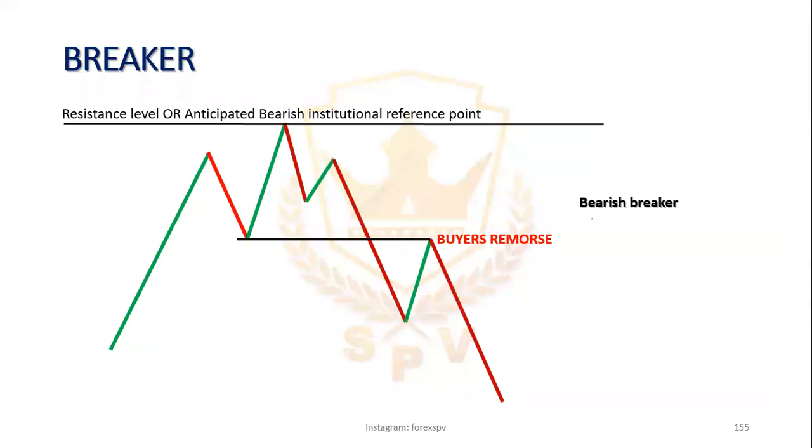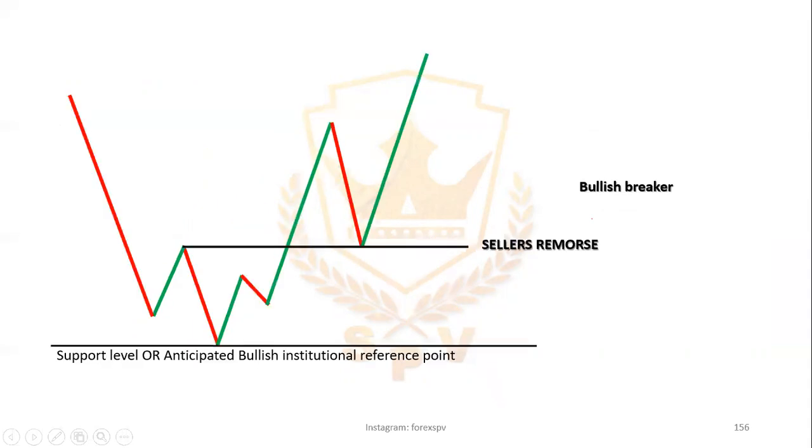So we also have a breaker block, which is the same as the mitigation block. The only difference is that the initial high that was formed has been broken. So this swing that is produced around this area breaks the initial high that has been formed. So the last red candle here becomes a bearish breaker. So around this buyer's remorse area is where we'll wait for a reaction for us to take a sell.